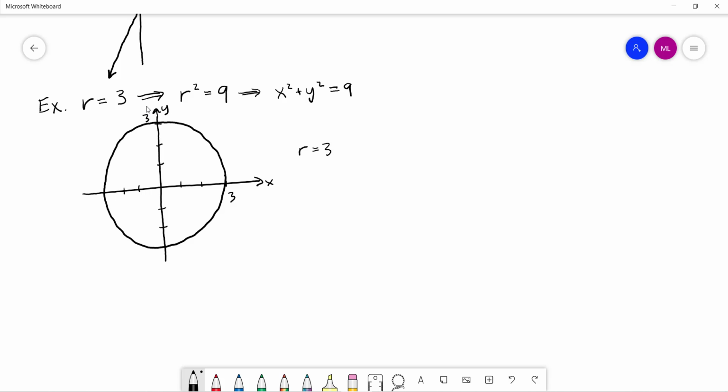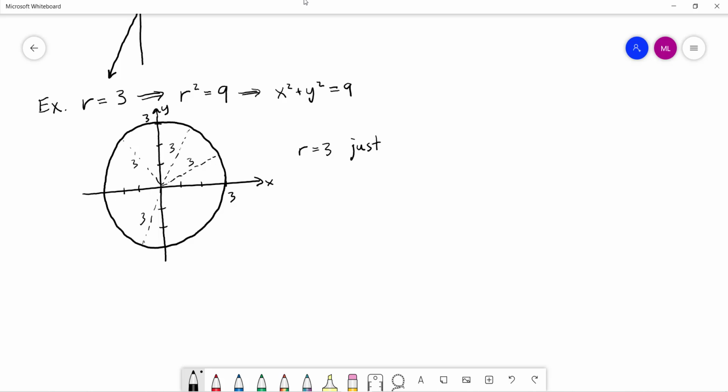r equals 3 says there's no dependence on theta. But whatever theta direction you pick, you want to go out in this direction, you need to go a distance of 3. You want to go out in this direction, you need to go a distance of 3. You want to go over in this direction, distance of 3. Down here, distance of 3.